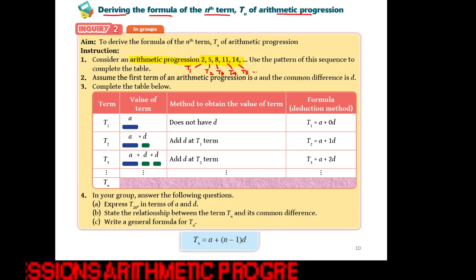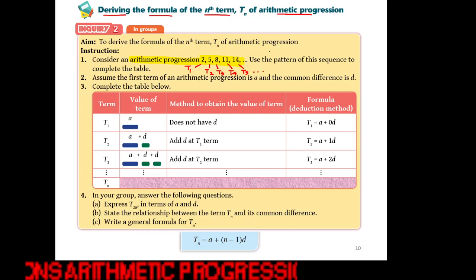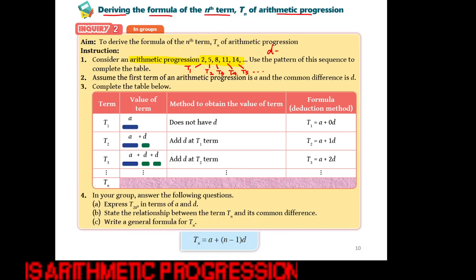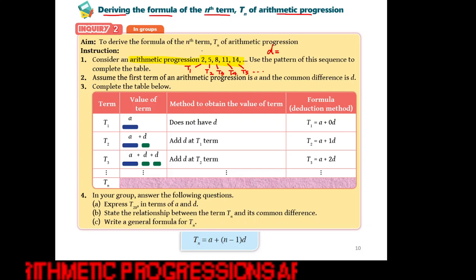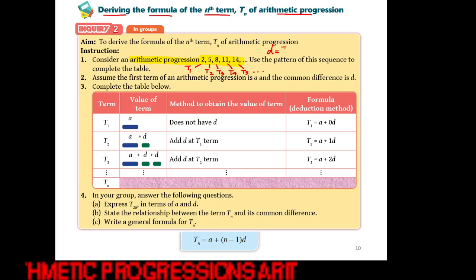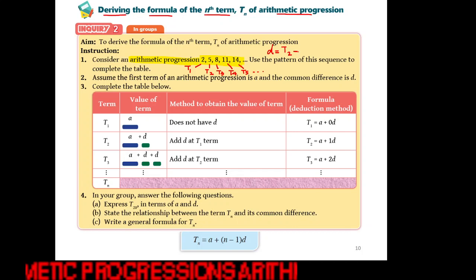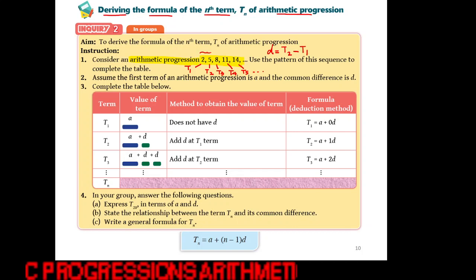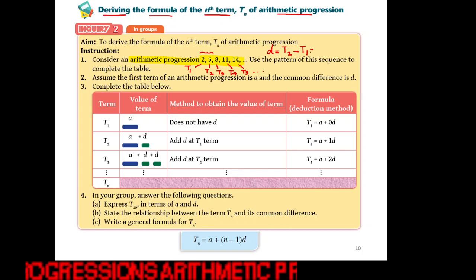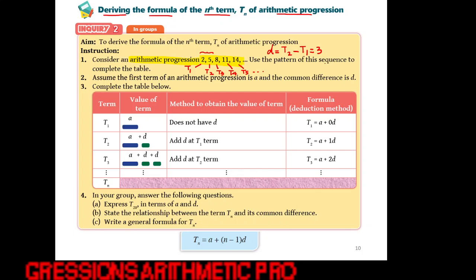T5, and so on. Alright, we have discussed earlier that we will be able to find the common difference of this arithmetic progression, whereby we take the value of the second term minus the value of the first term, whereby we have 5 minus 2, which is equivalent to 3.